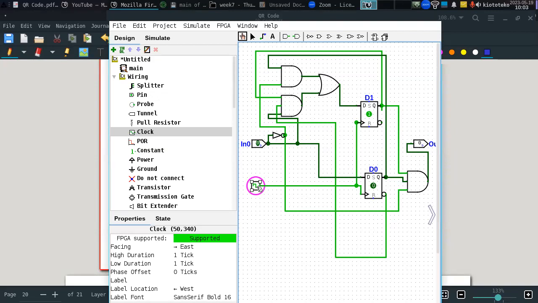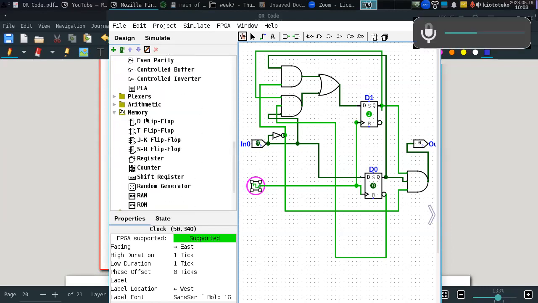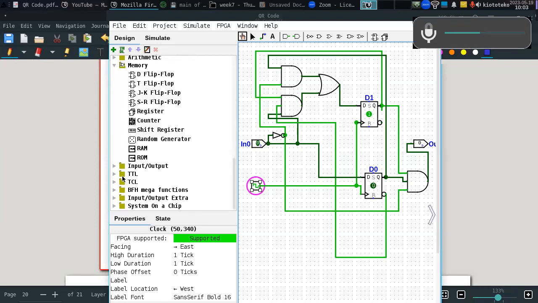Any question with this? Now you can also try building it with real circuits. You can buy some of these integrated circuits and try doing it. For example, we have already here some.